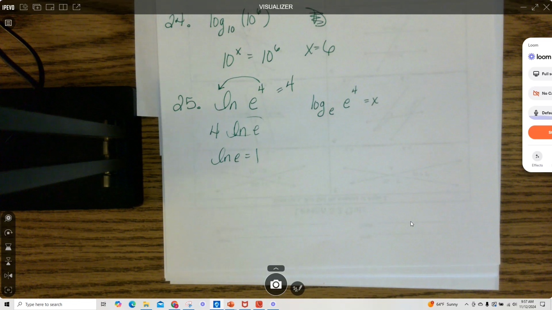But we're missing a whole bunch of rules. In the notes, does it have all the rules?